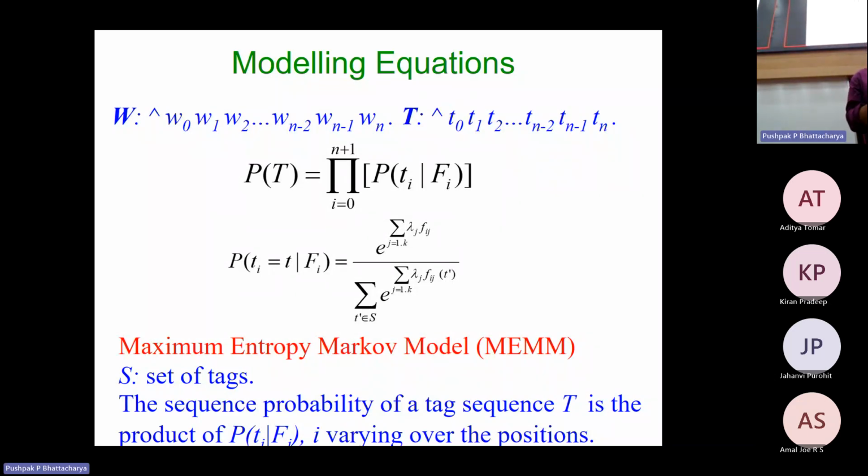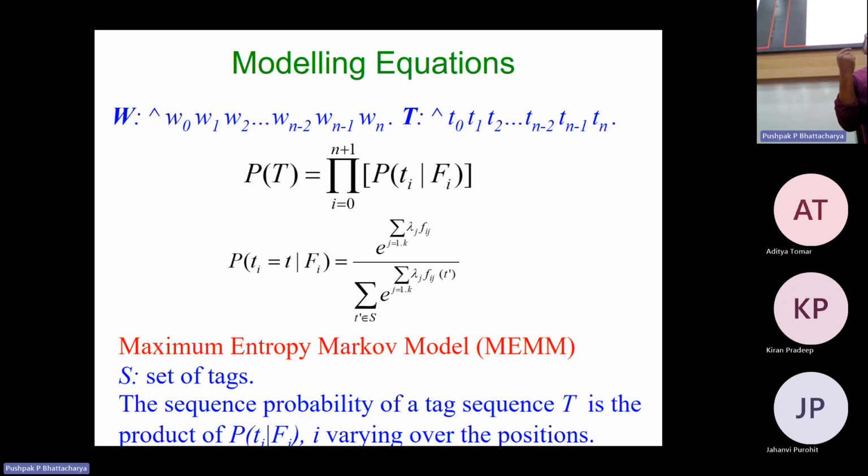Now, the error function on the data is typically captured by cross entropy loss. Cross entropy loss becoming smaller and smaller corresponds to maximizing the likelihood of the observation. So if we set the weight values properly from the data, then in future, when I see a word ending with ly, I am very likely to tag it as adverb.